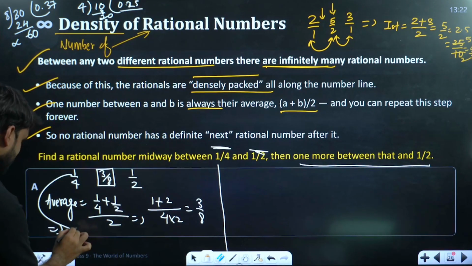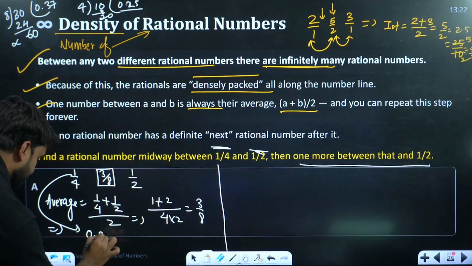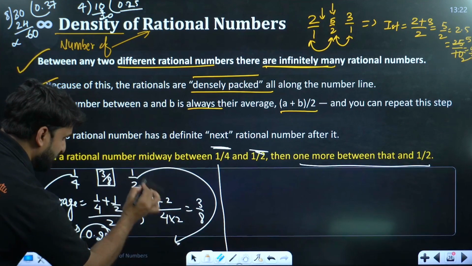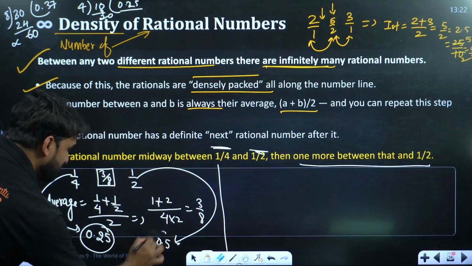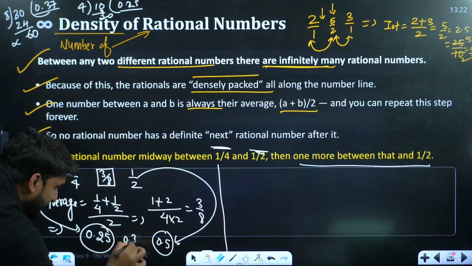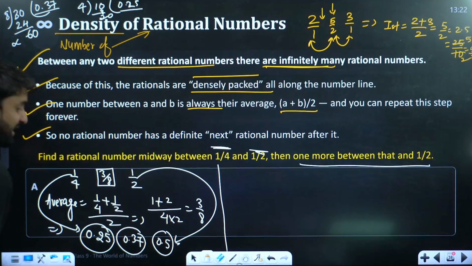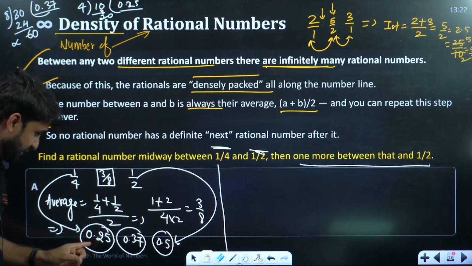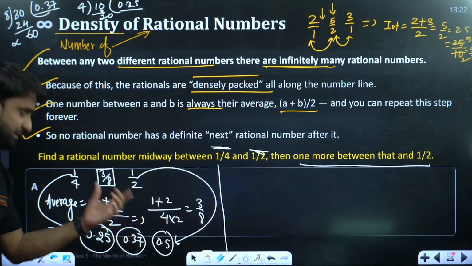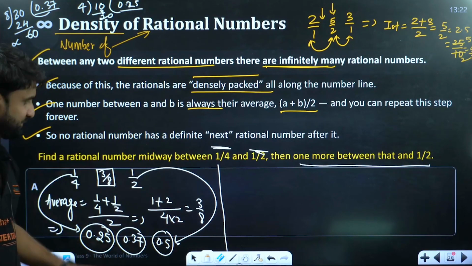So the decimal expansion of this fraction is 0.25. The decimal expansion of 1 by 2 is 0.5. And the decimal expansion of 3 by 8 is 0.37. Wow. It indicates that our answer is absolutely correct, because 0.37 lies between 0.25 and 0.5. So we have verified.